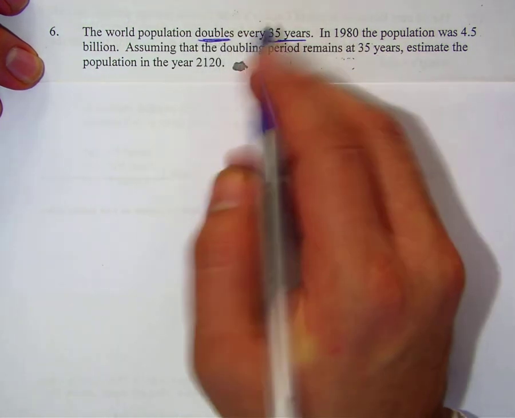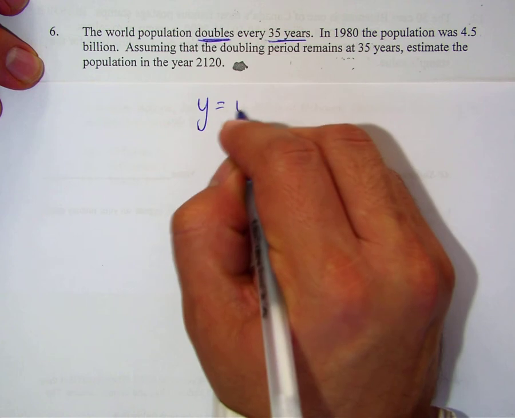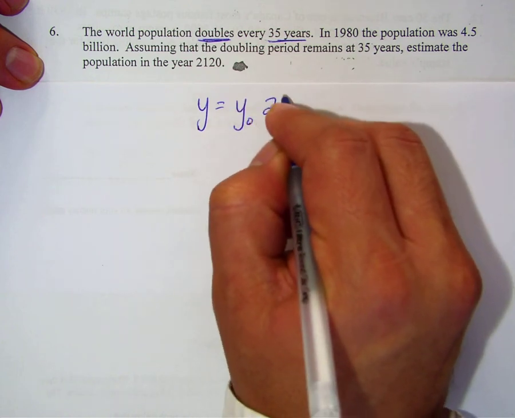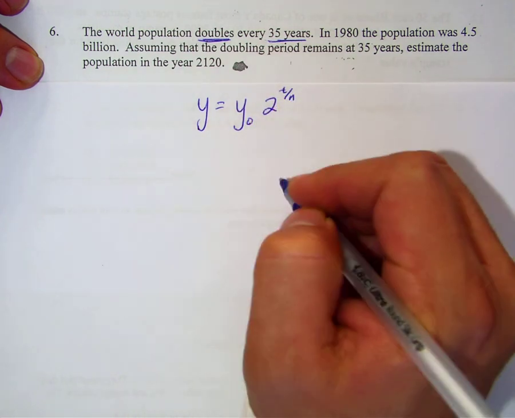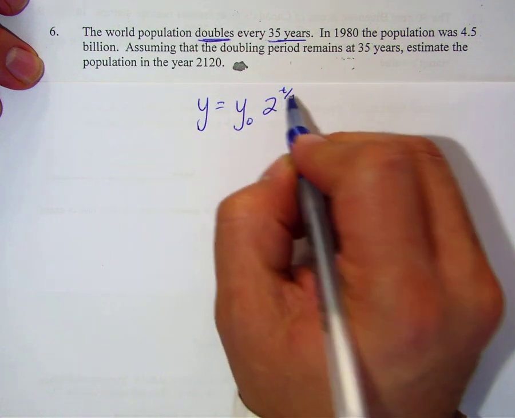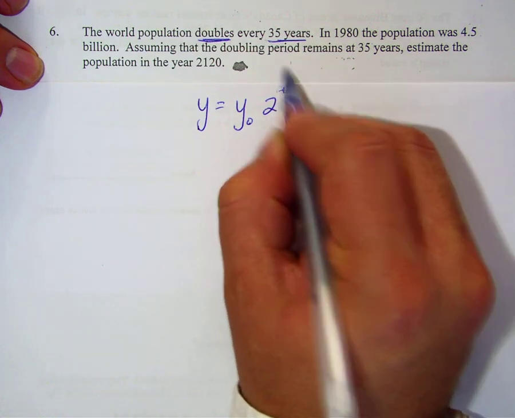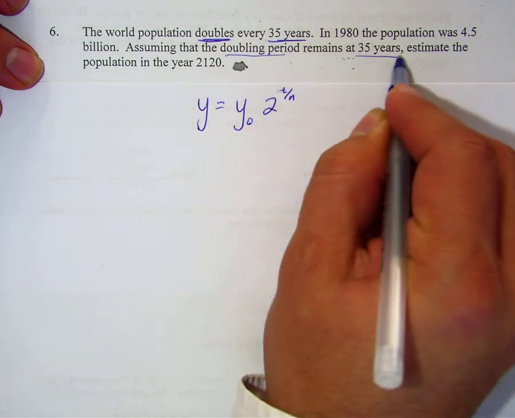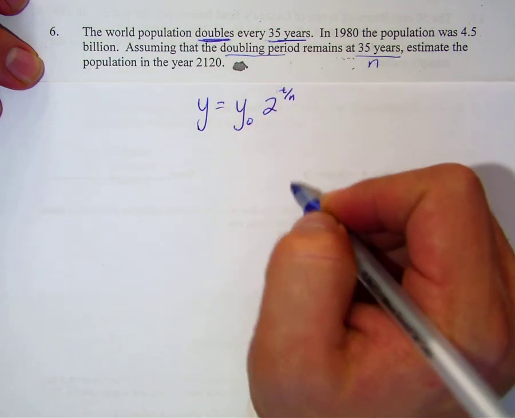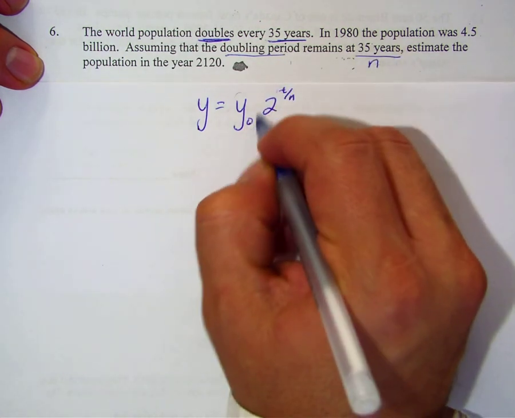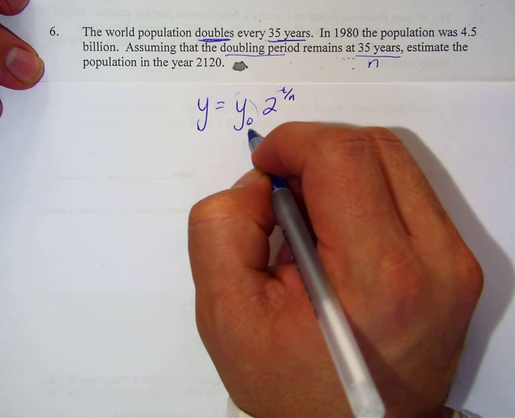So when it doubles, we're going to use the formula y equals y naught times 2 to the t over n. And remember that t is the time, n is the doubling period. So here we've got the doubling period at 35, so this is n. Y naught is the initial population.